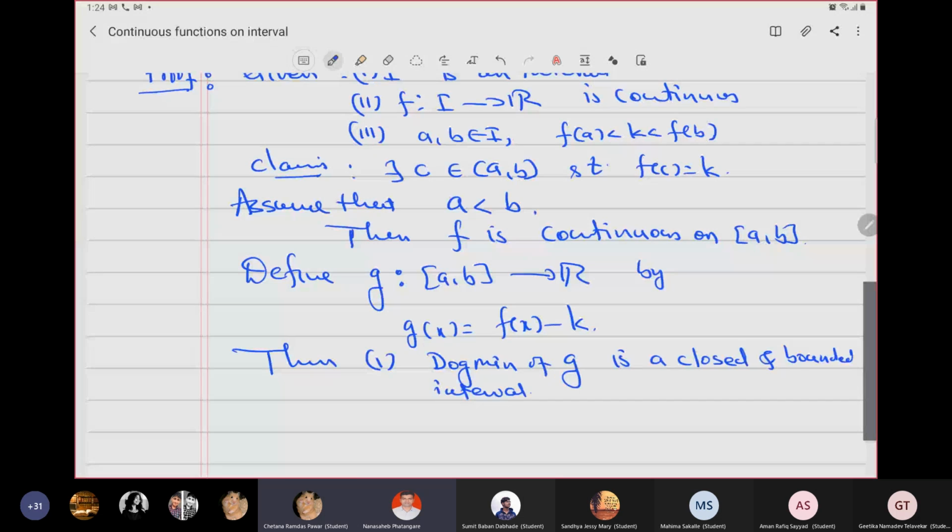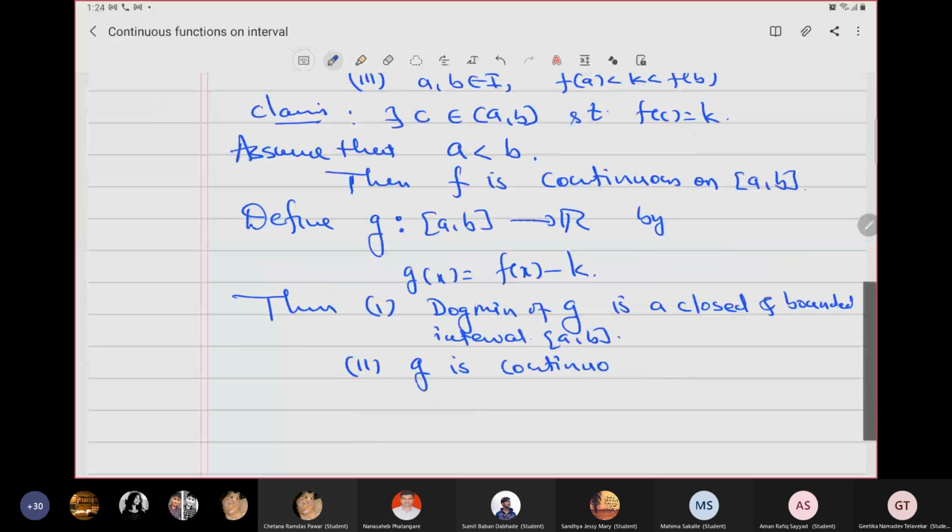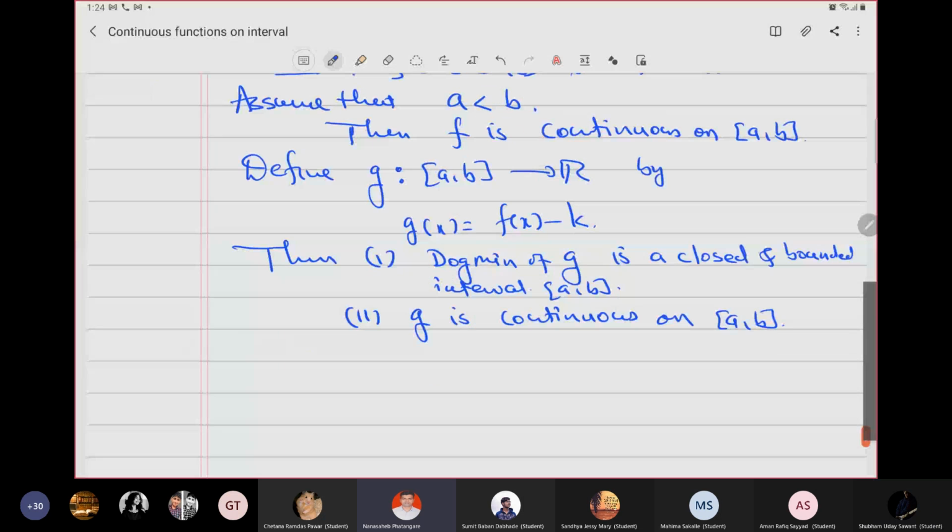Second point, g is continuous on this interval a, b. Why is it continuous? Because f of x is continuous and k is a constant function. So their algebraic sum is continuous. Correct. So f of x minus k is certainly continuous because it is the difference of two continuous functions.